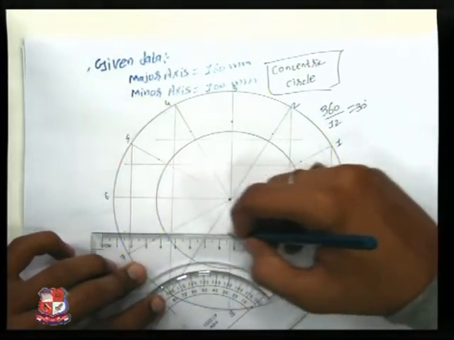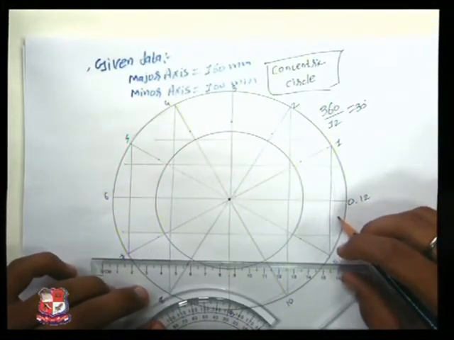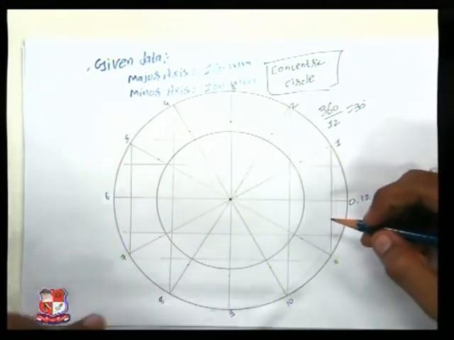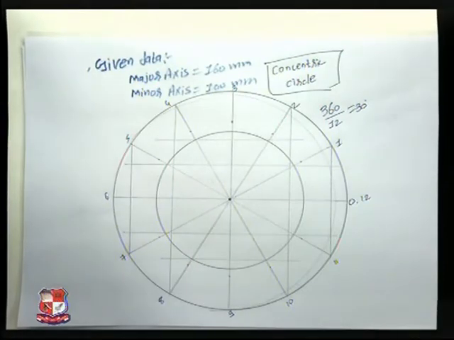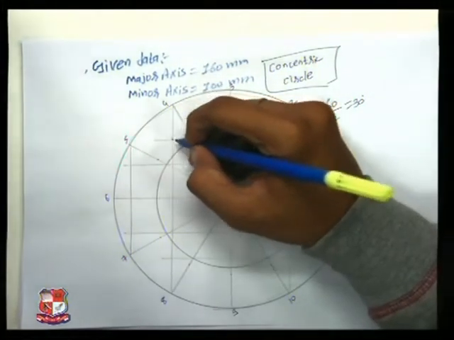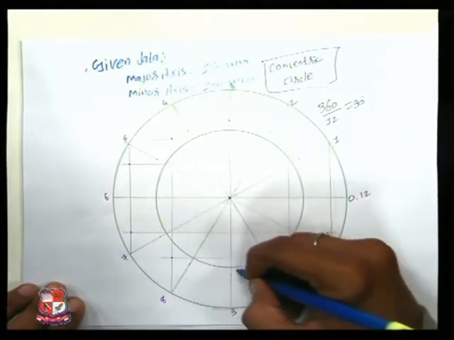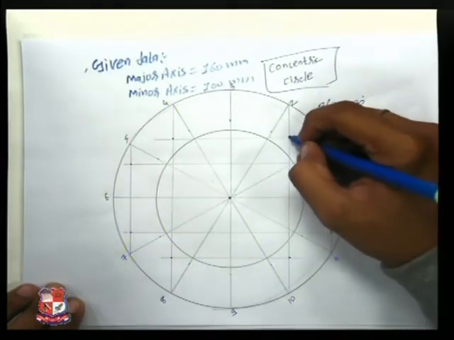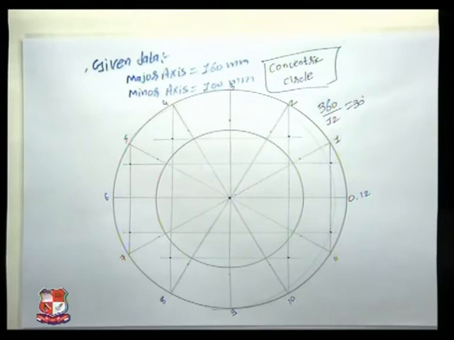Draw the horizontal lines from the minor axis circle which will intersect with the vertical lines drawn using major axis circle. We have got these points by the intersection.